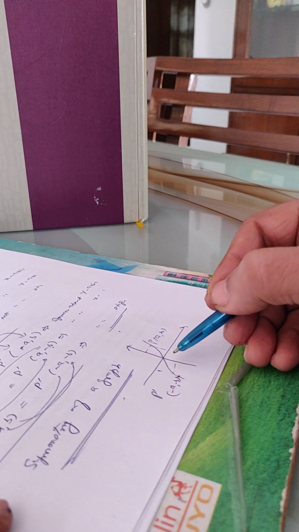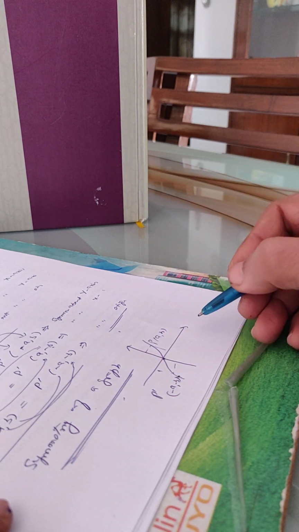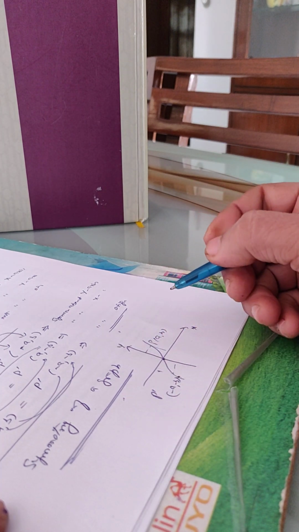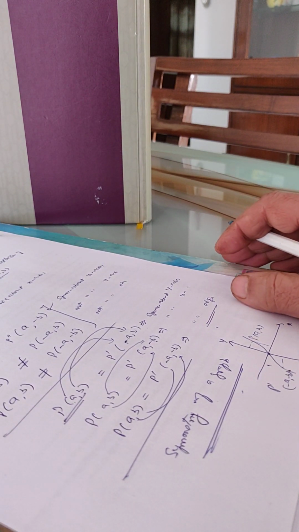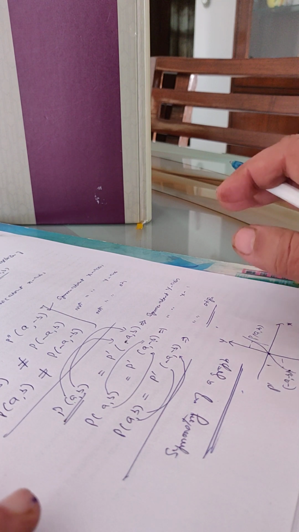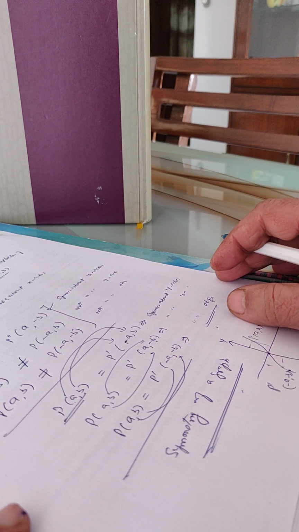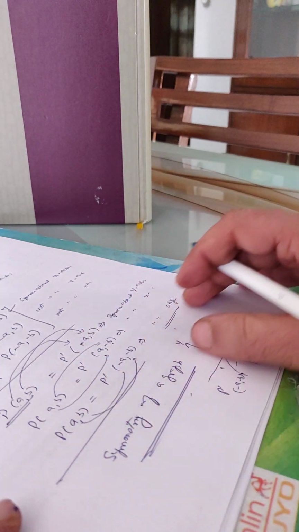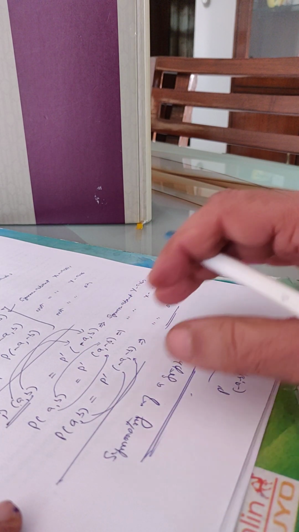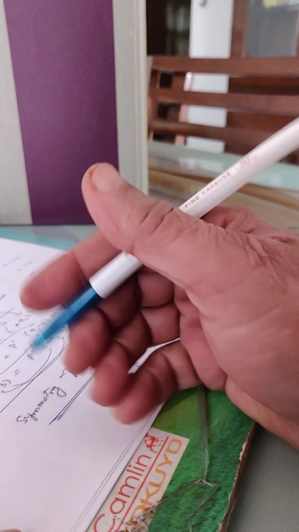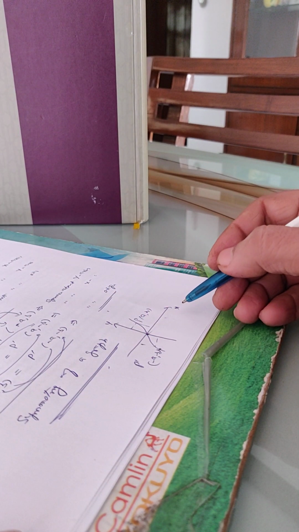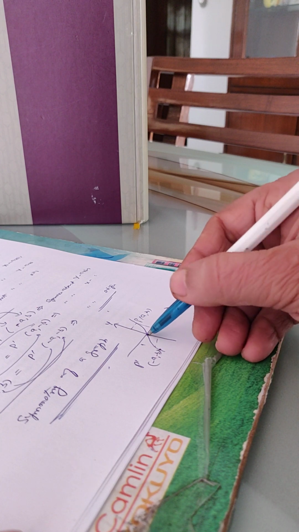So that is symmetric about the origin. This is the origin, this is the x-axis, this is the y-axis. So symmetry is about a plane. Plane is a reflecting surface. It may be a rectangular plane or it may be a point plane like this.